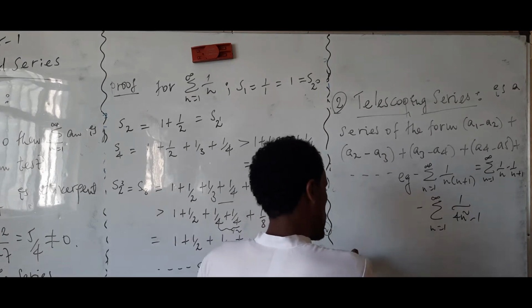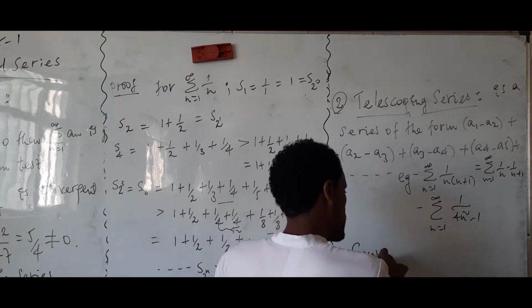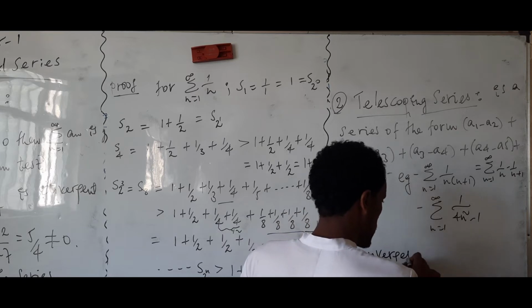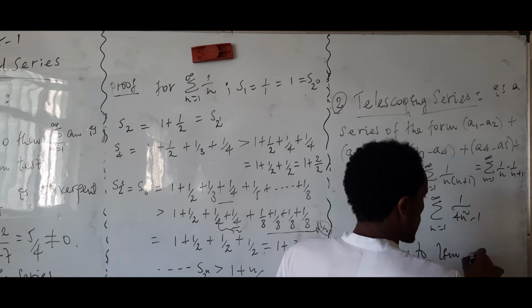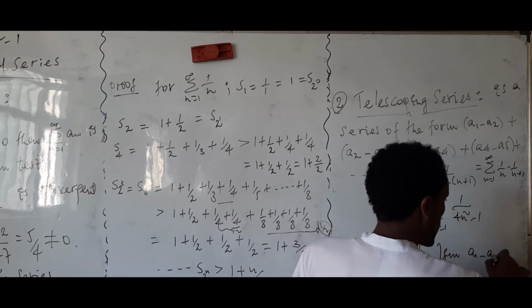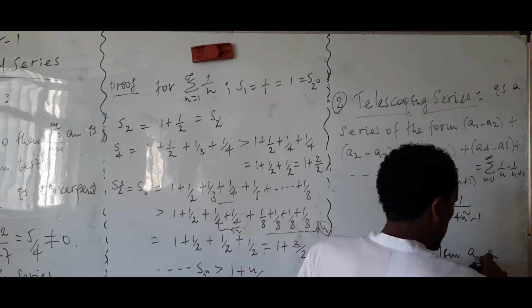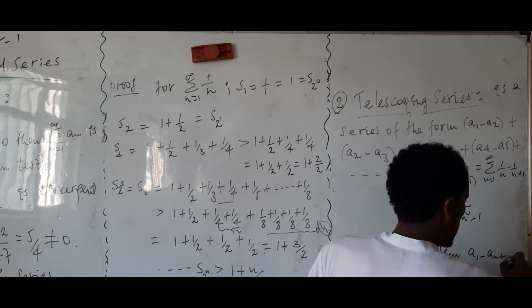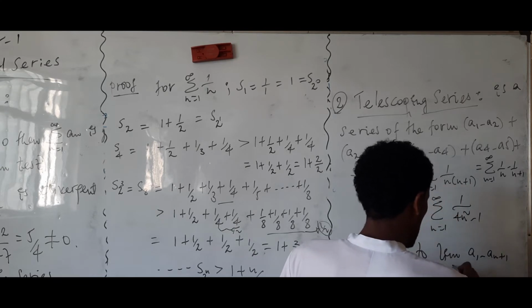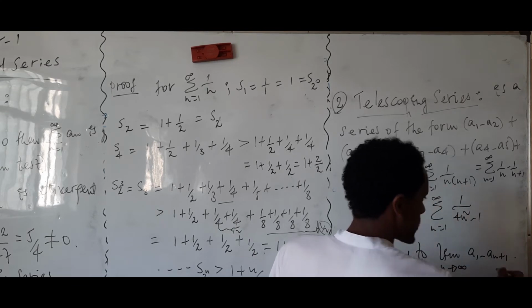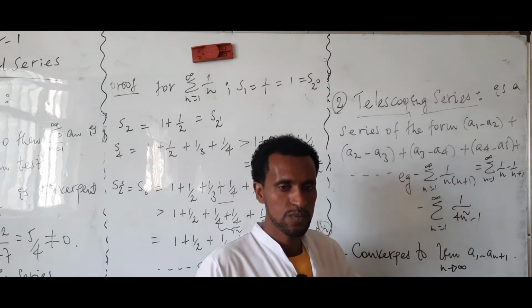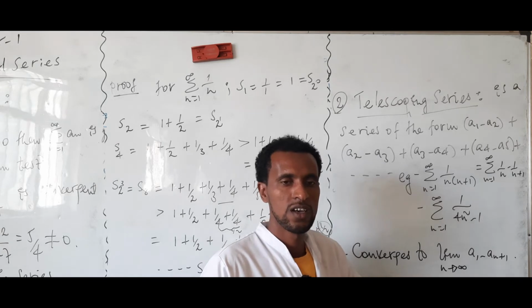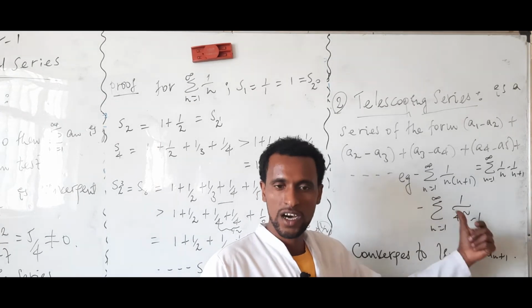This series converges to the limit of a1 minus a(n plus 1) as n goes to infinity. The series converges if and only if this limit exists as a number.